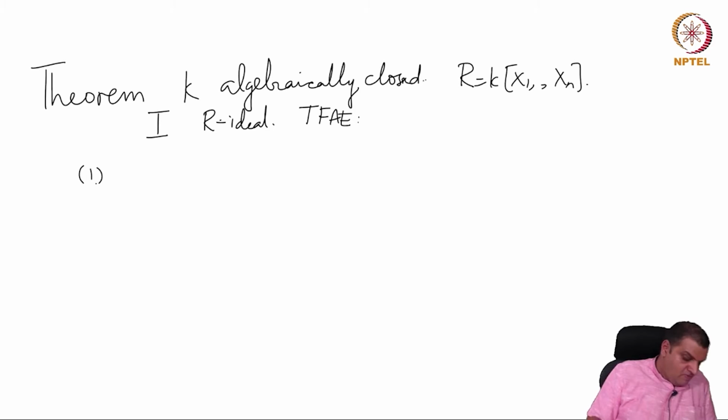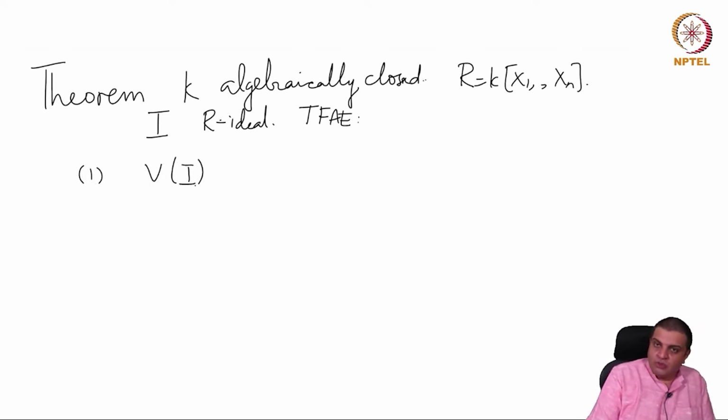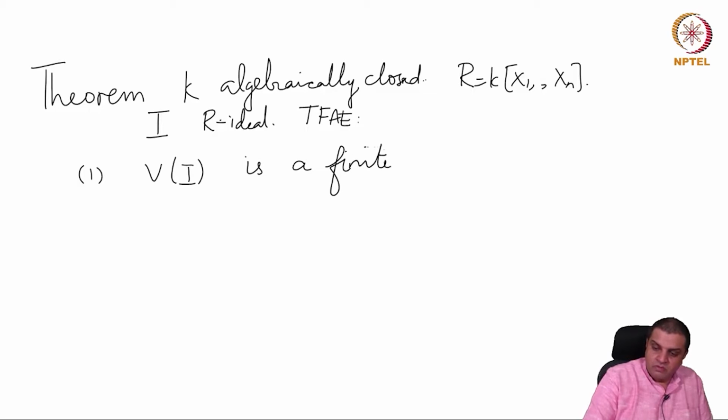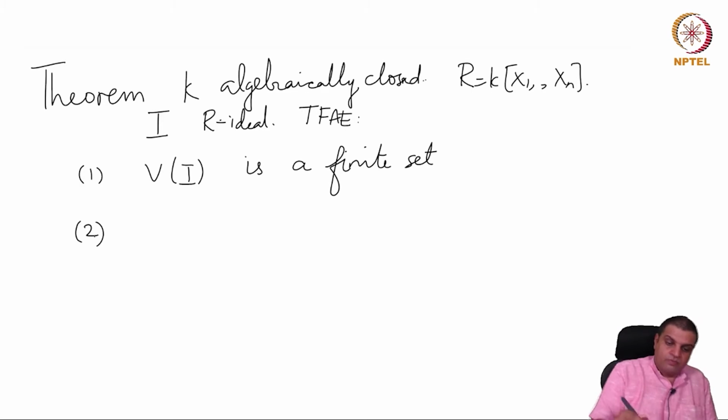1. V of I, which is the set of common zeros of all the polynomials in I, is a finite set. 2.